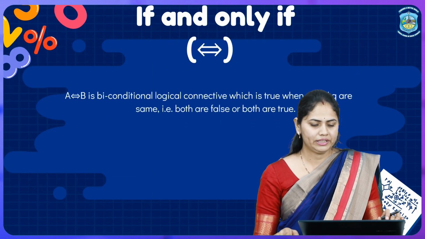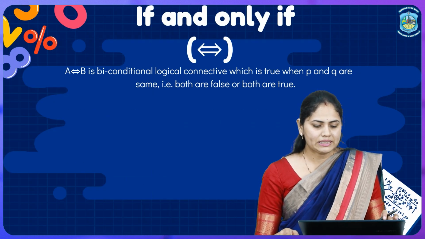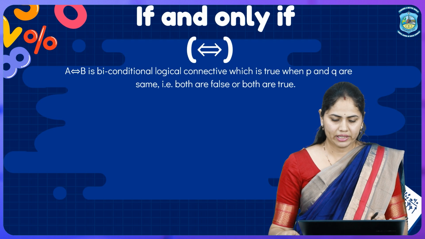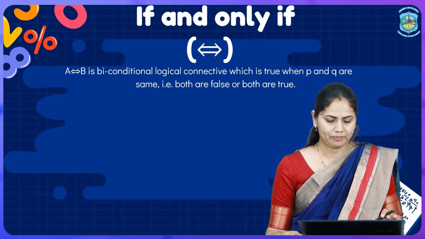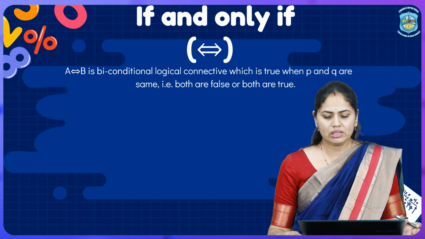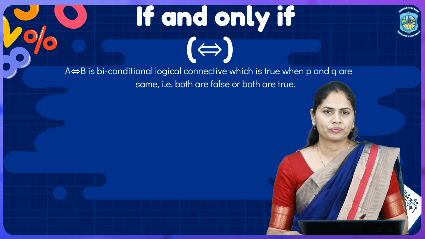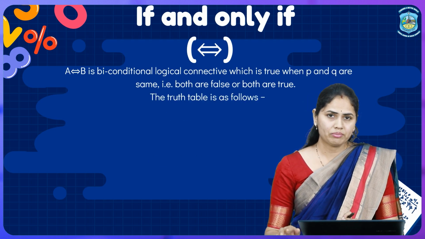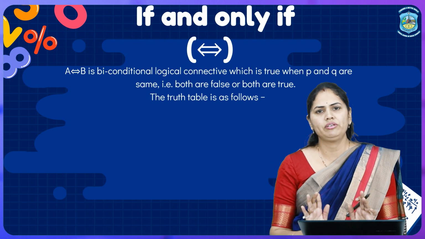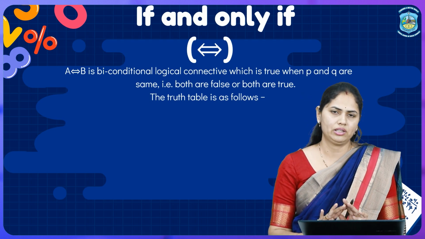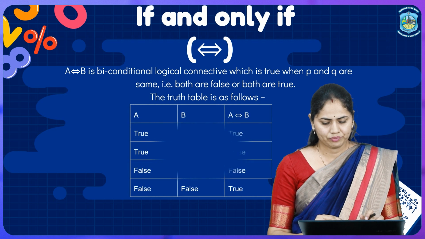If and only if. It is a biconditional logical connective which is true when P and Q are the same, both false or both true. So, if both the statements are true or both the statements are false, then only we will get the truth value true, otherwise false.